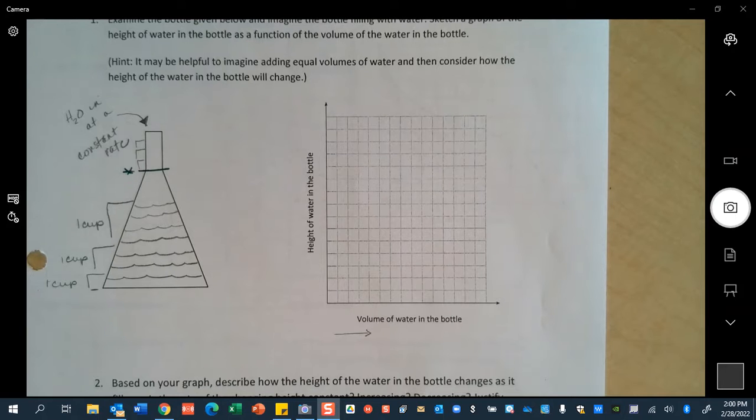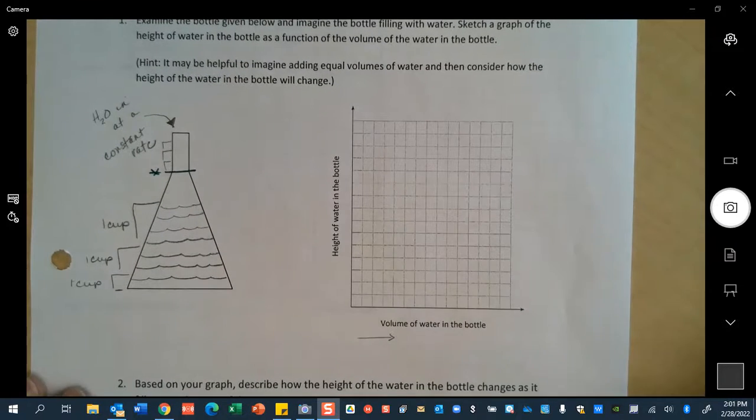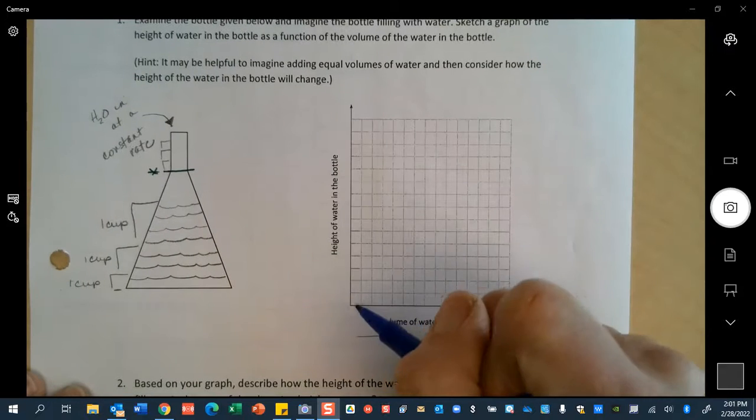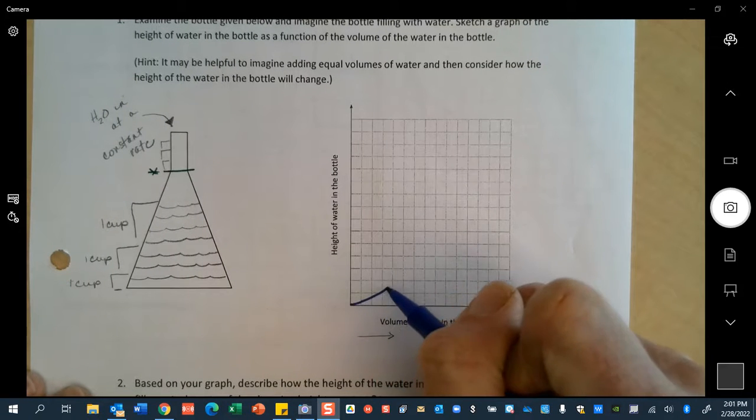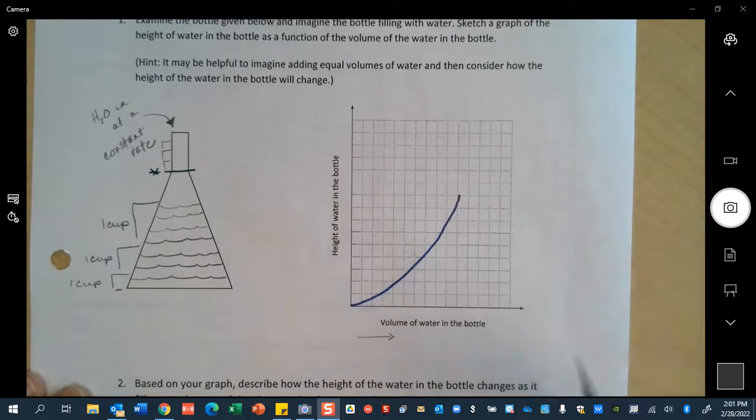So what I want to do is I'm going to come around, I'm going to look at your graphs, and I should see on your graph exactly when this story shifts to this story. We've got a couple good ideas out there, and for the most part, a lot of us have this kind of a graph where the height of my bottle is increasing at an increasing rate.